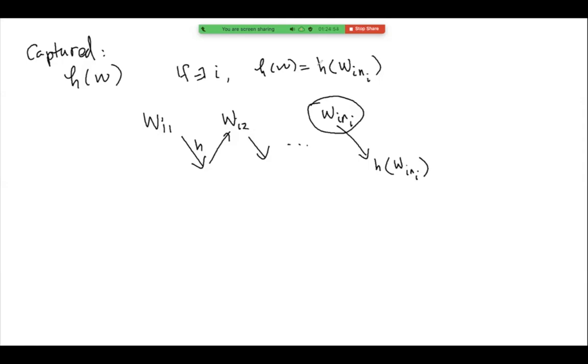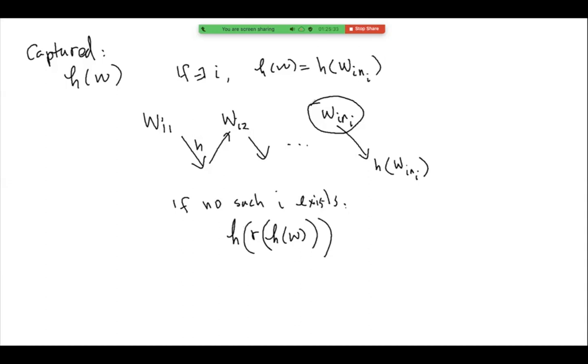So if no such i exists, what you want to do is, this is HW that we get. I'm going to reduce its length and then apply H, and then repeat the process to see whether there is one.